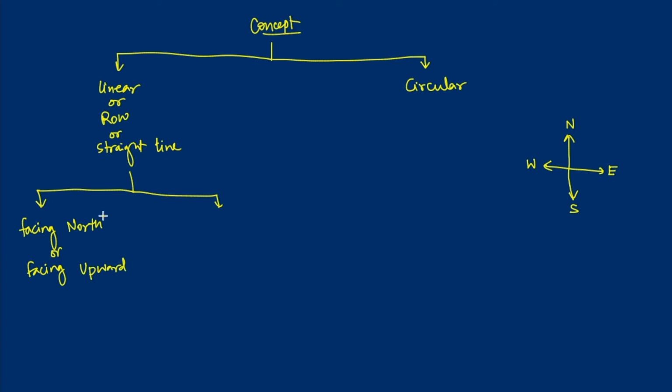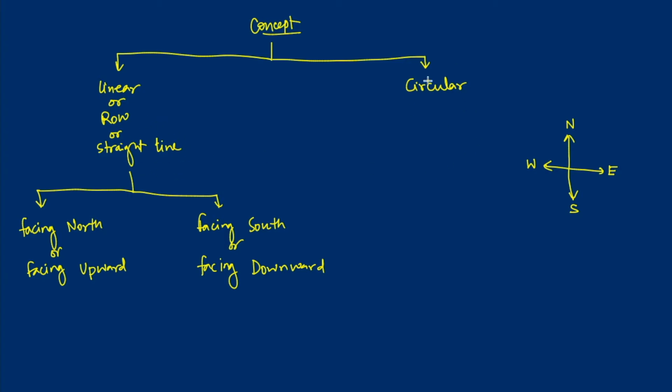The second condition will be when they are facing south, or you can say they are facing downward. So these are the two conditions which will come when the seating is done in a straight line.